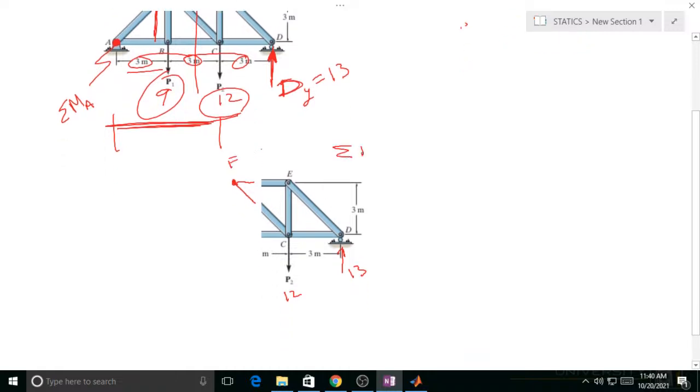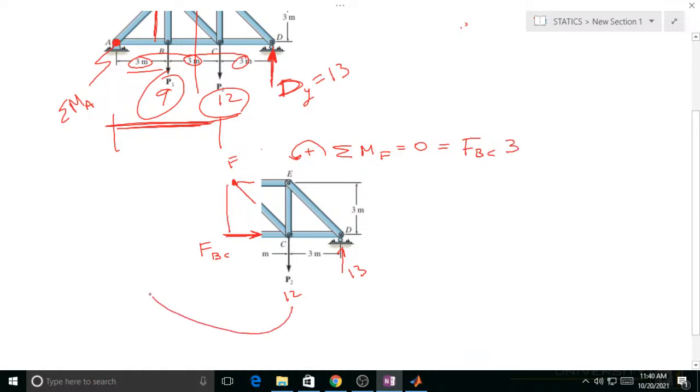So if I sum the moments about F, I'll go ahead and make that positive again, equals 0. Okay, so what I've got, I'm just going to assume this member has a force going that way. So this will be the FBC. If I'm going that way, that's a positive. FBC, moment arm from here to here is 3.